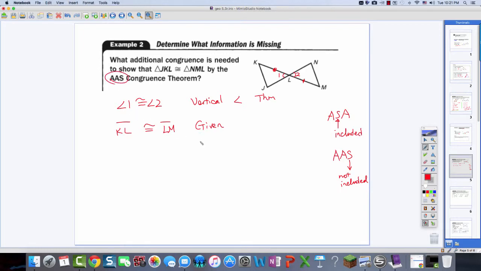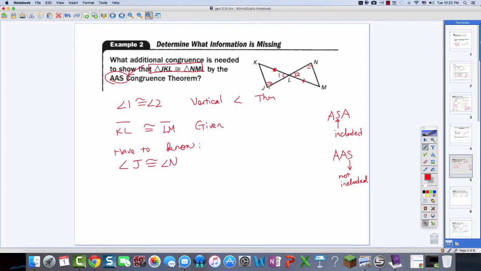If I want AAS, I have to know that this angle J has to be congruent with angle, in order for these two triangles to be congruent by AAS.